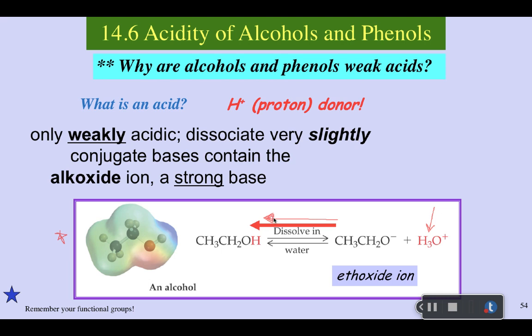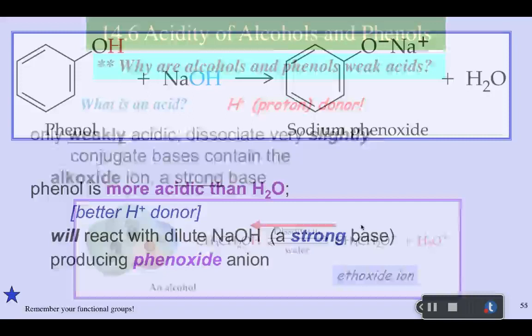In other words, very, very small amounts are going to dissociate into that anion and release a proton. Only very small amounts. That means they're very, very slight dissociation, very weakly acidic. The resulting base, in this case ethoxide, in a generic sense is called an alkoxide ion. It is a very, very strong base because it has a very strong tendency to pick up a proton. So alcohols are terribly weak as acids.